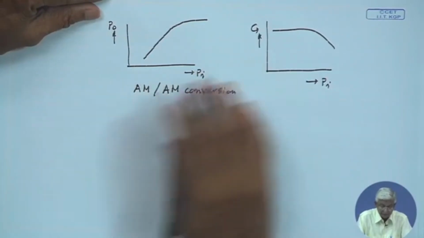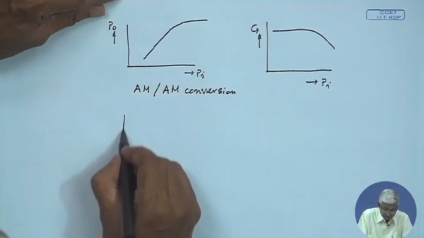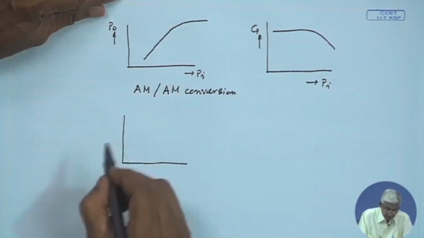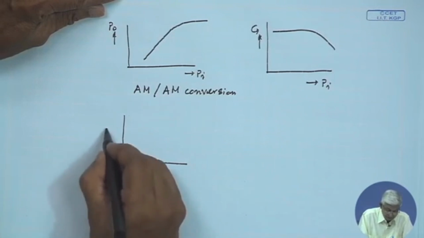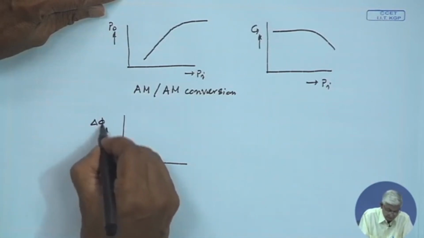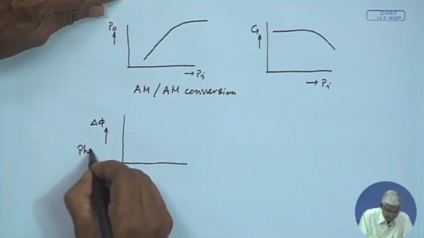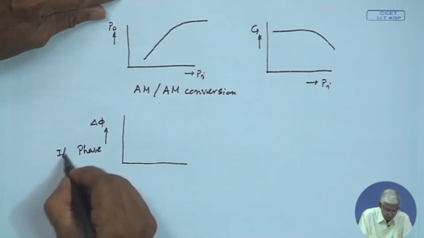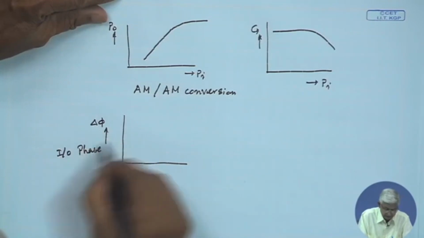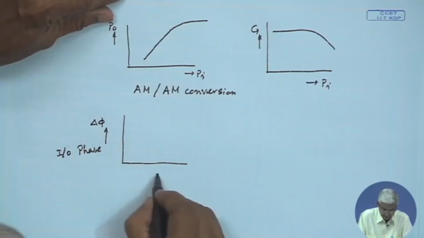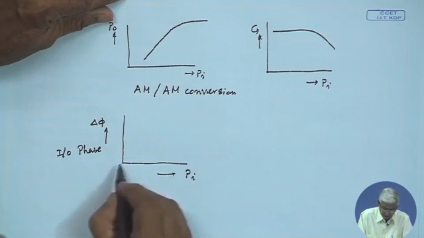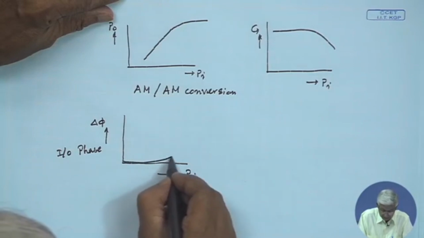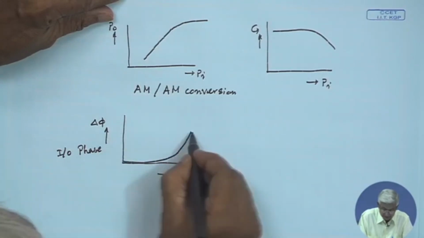But this is on amplitude. There is one more effect that happens, that is in phase. If I take the difference between input phase and output phase and call it delta phi, then as the input power increases, it is constant and then the difference increases.